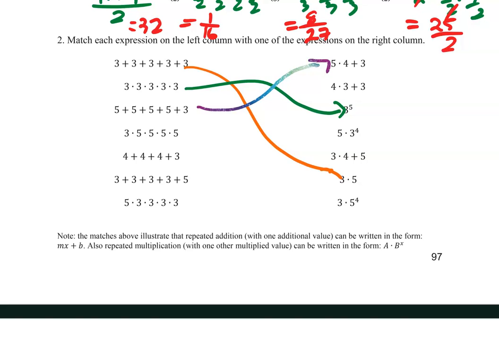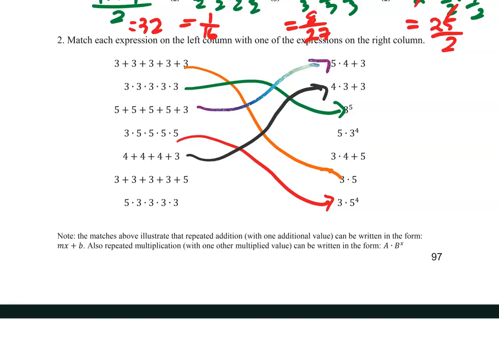Next is 3 times 5 times 5 times 5 times 5. So that is 3 times, you have 4 5's, you're multiplying 5 4 times. So that is 3 times 5 to the 4th. Next, 4 plus 4 plus 4. So that is 3 times 4 plus 3. So this one. And the next one, 3 plus 3 plus 3 plus 3.